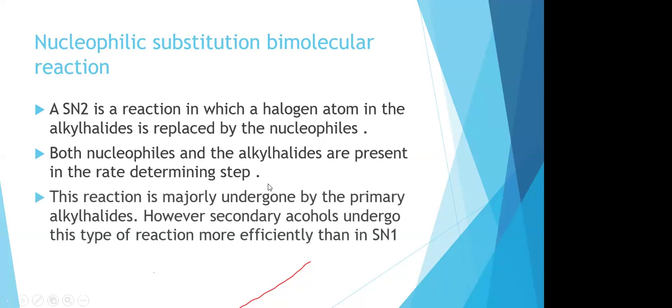So we shall find out rates of reaction and orders. This reaction mechanism is undergone by primary alkyl halides, as I said before. However, secondary alkyl halides can also undergo this type of reaction efficiently compared to SN1.